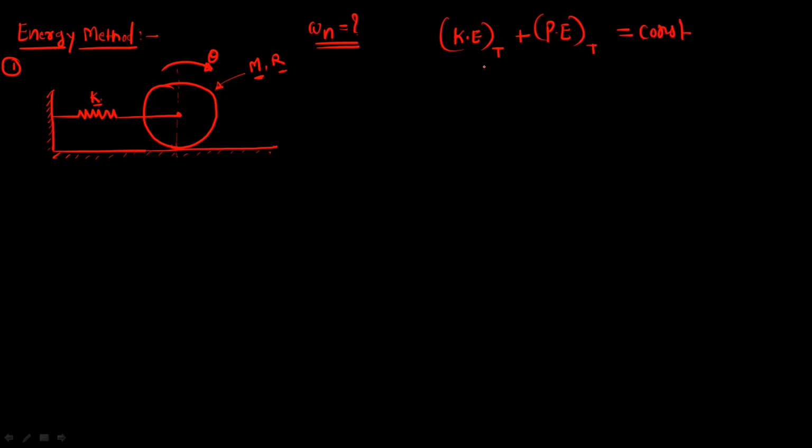Kinetic energy is associated only with this disk, which has the mass m, and the potential energy is associated with the stiffness. Whenever you use the energy method, there is no need to draw the displaced position.